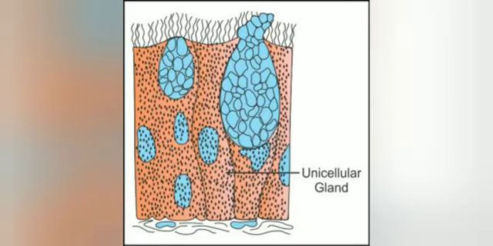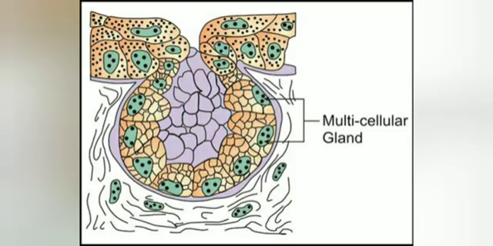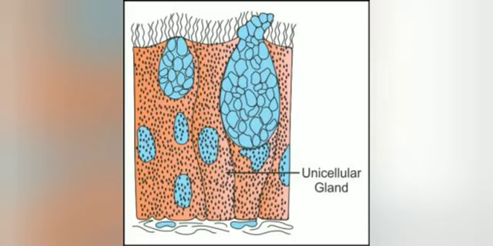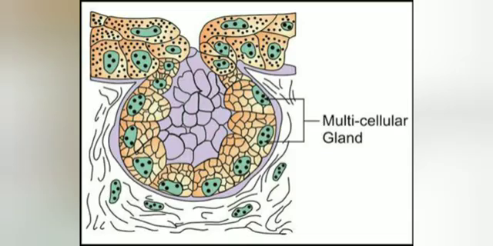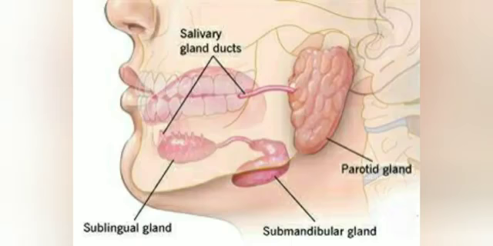Glands may be either unicellular or multicellular depending on number of cells. If they are unicellular, then the best example is goblet cells of intestine. If they are multicellular, then best example is salivary glands.